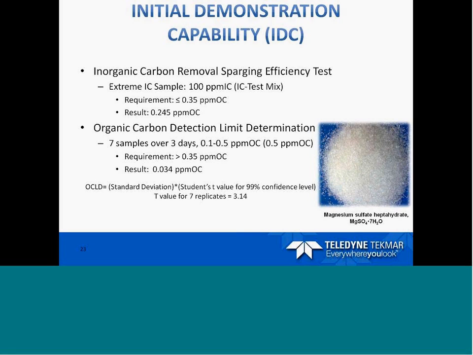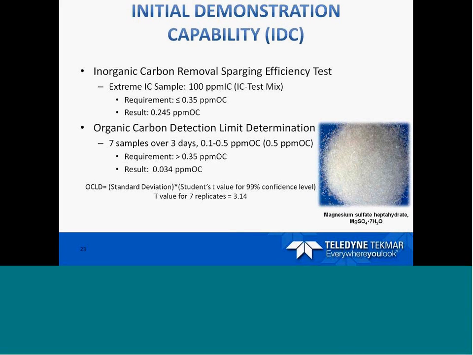Now, for the detection limits, you have to run N equals 7, so 7 samples, and you have to run them over a consistent period of 3 days. Usually you run them in the range of 0.1 to 0.5, depending upon the lower detection limit range of your SOP.